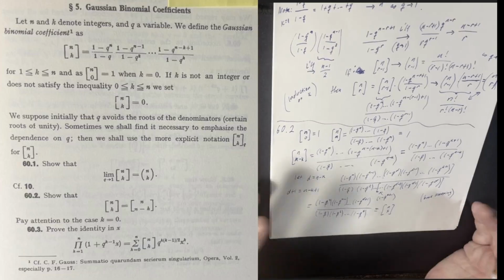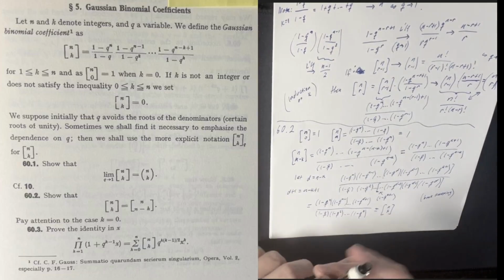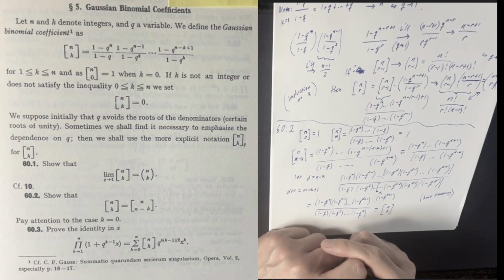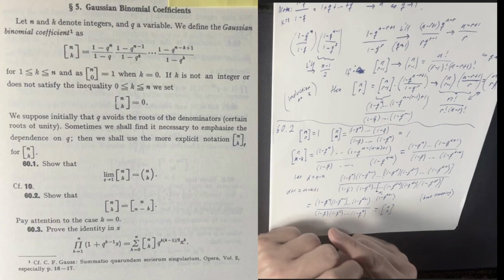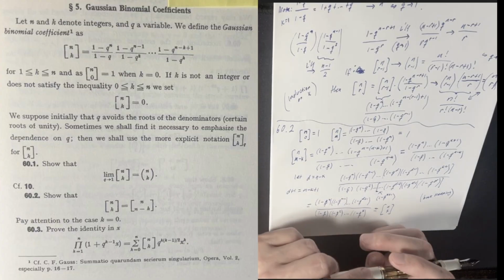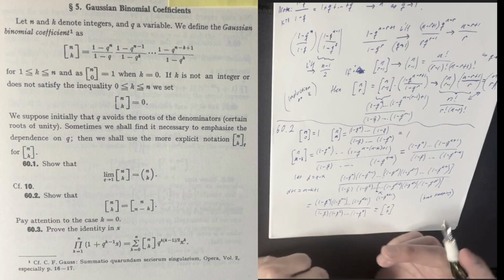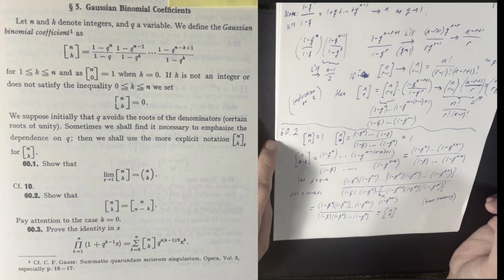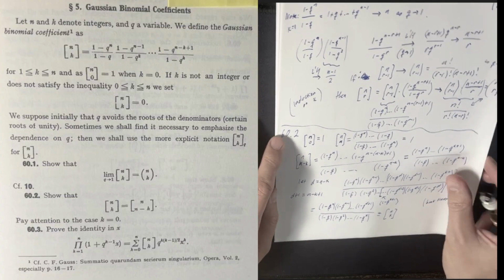I'm calling it choose, but I mean obviously the Gaussian binomial coefficient thing. I don't have a name for that. Anyway, that's 60.2. I don't know why we had to pay attention to the case of k equals 0. That was an easy case. But all right, that's point 2.